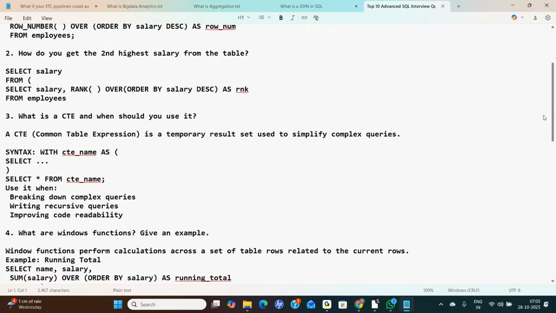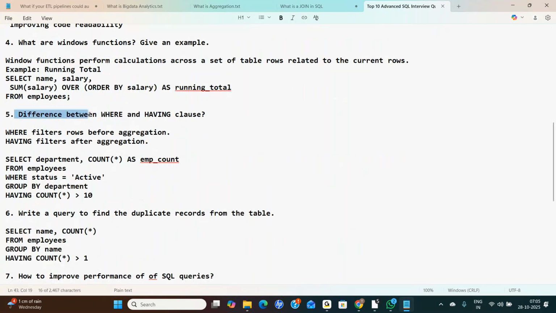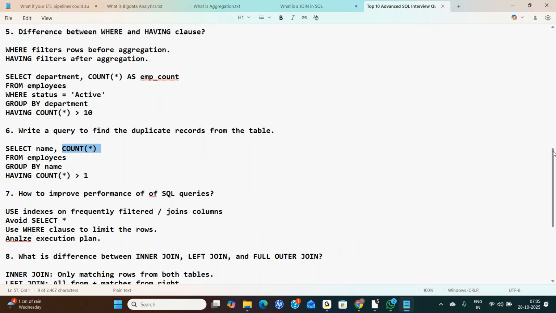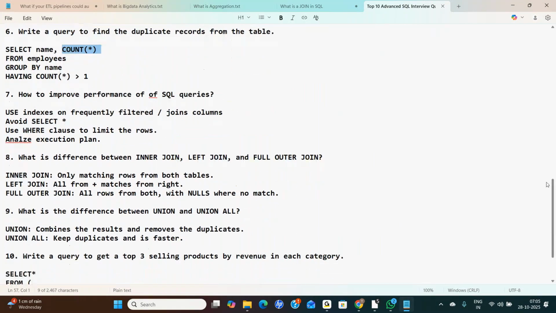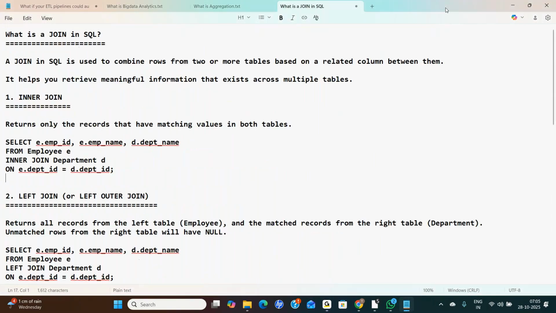In the joins process, what is the difference between, as we discussed yesterday, the HAVING clause and the WHERE clause, how to identify duplicate records using aggregate functions, and how to improve the performance of SQL queries. A very common question is the difference between inner join, left join, and full outer join. Anyway, you will come to know all these things.